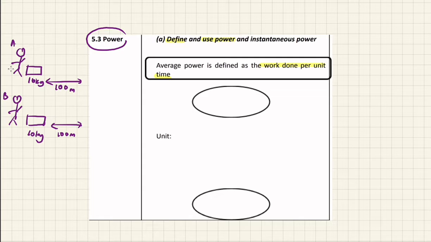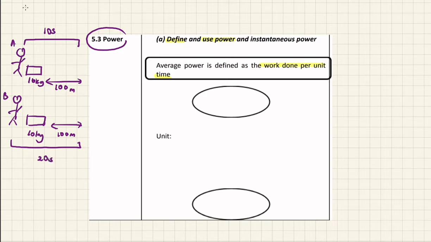Person A pushes the box, and person B also pushes the box. Person A takes a total time of 10 seconds, but person B takes a total time of 20 seconds.